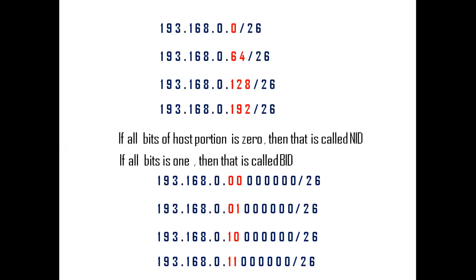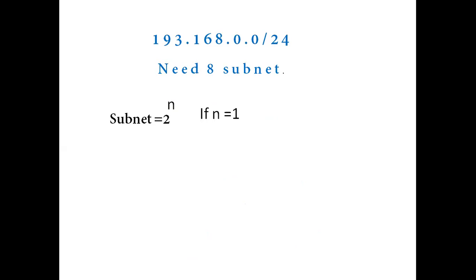So we have one more requirement here: 8 subnets. 193.168.0.0/24 is a class C network, but we require 8 subnets here. So the formula is subnets equal to 2^n. If n is equal to 1, you have only 2 subnets.